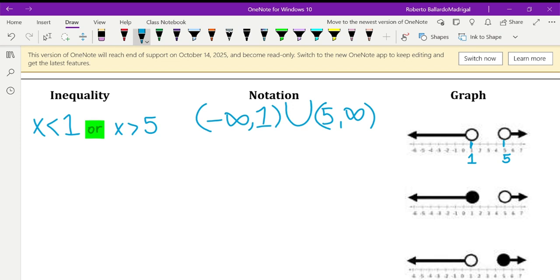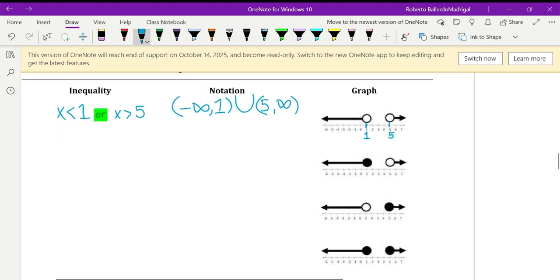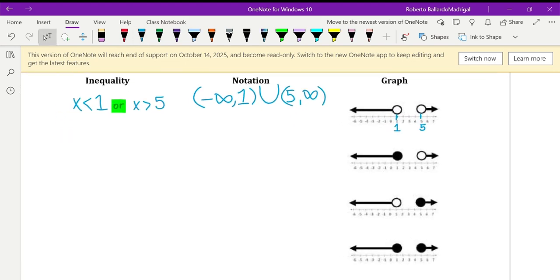Okay, you guys should be able to come up with all of these on your own, because the only thing that's changing is the symbol and the bracket, right? Depending on what's open, what's closed. So let me give you 2 minutes to finish up the rest of these graphs. 2, 3, and 4. Okay. Give it a try.